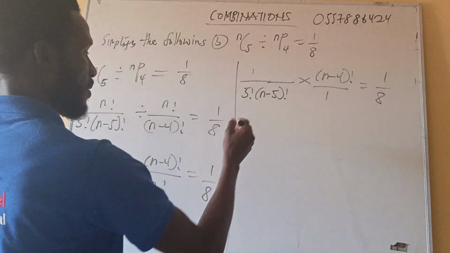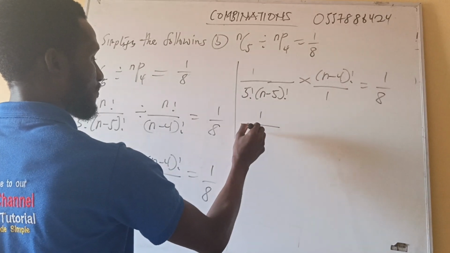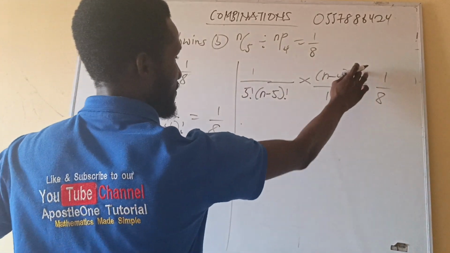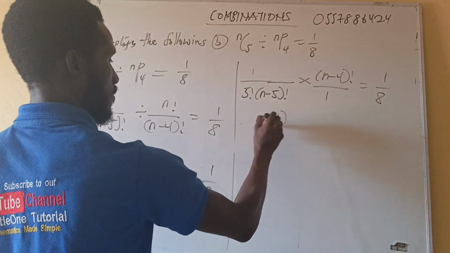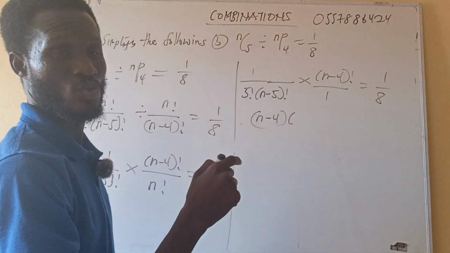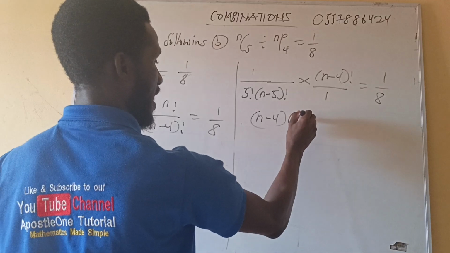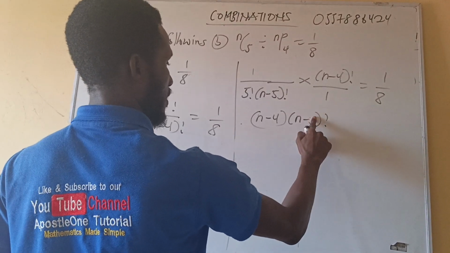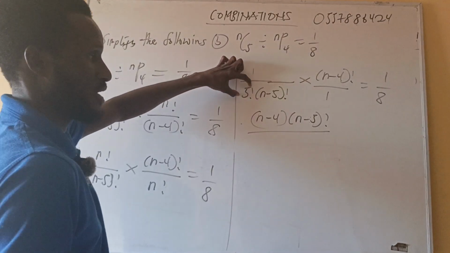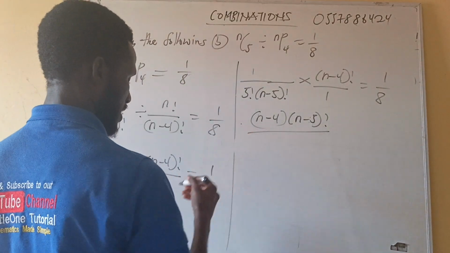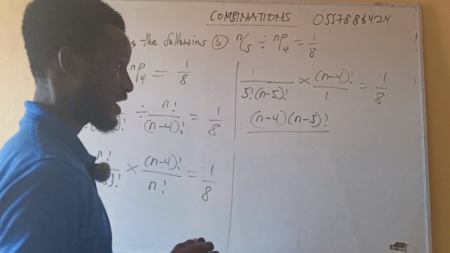So I will have 1 over. Now don't forget, this one times this one will give the same thing. So I'm going to have n minus 4, and then subtract this one by 1, we're going to get n minus 5 factorial, divided by the denominator. Denominator, I have 5 factorial here. Now you can press 5 factorial on the calculator.